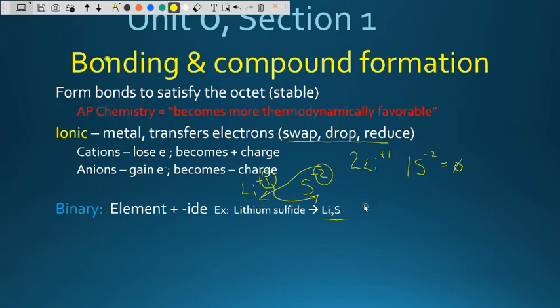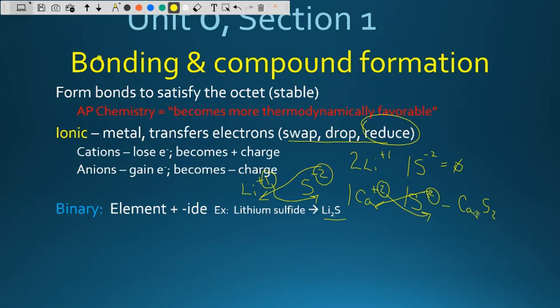So let's take a look at an example of, let's say, calcium sulfide. Okay, and why I say swap, drop, and reduce. Well, if I had calcium sulfide, then you'll see the 2 will go over here, the 2 will go over here. You would think that we'd have Ca2S2. But in fact, I only need one of these and one of these to become neutral, or to become a 0 charge.